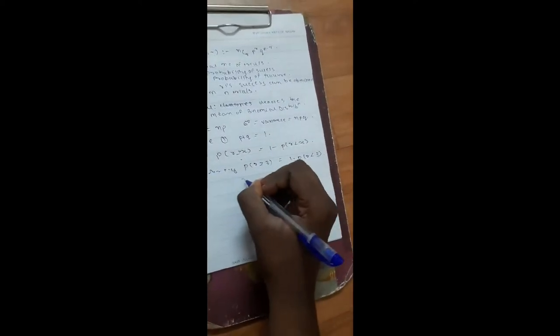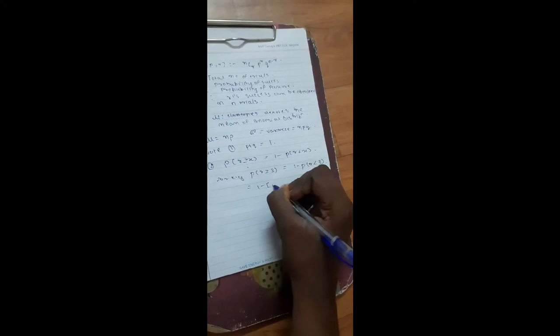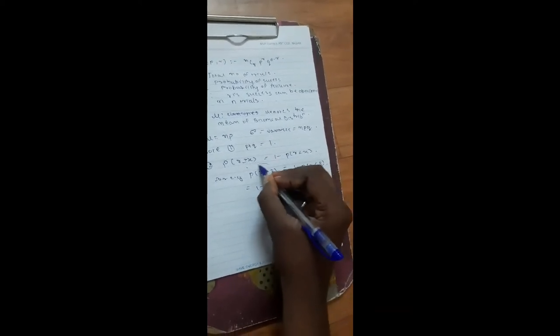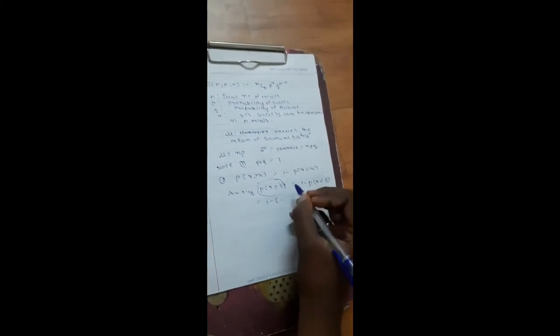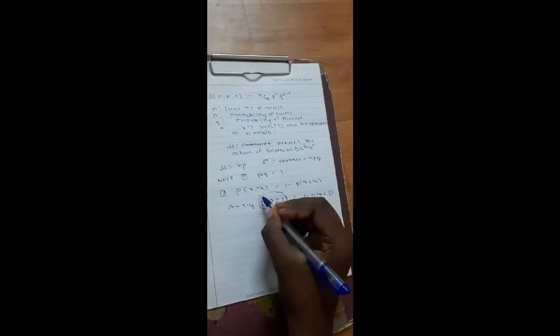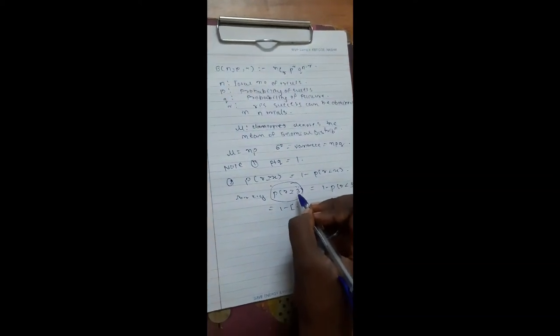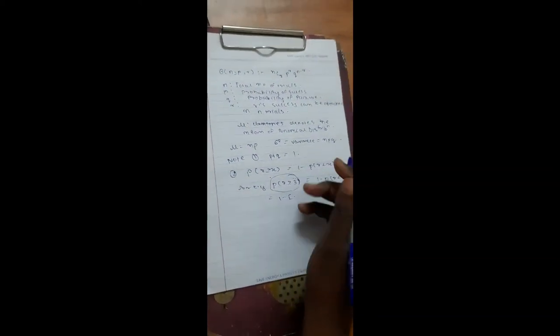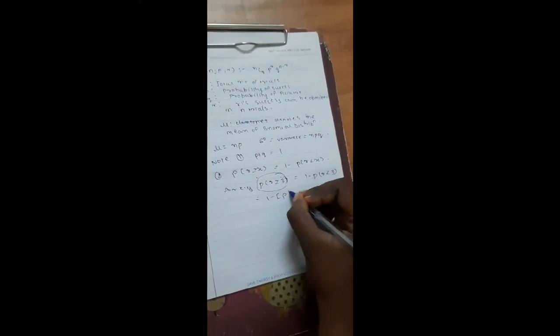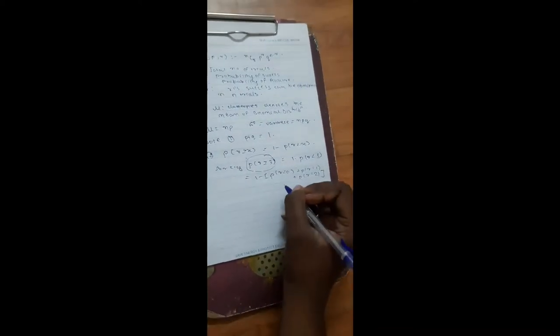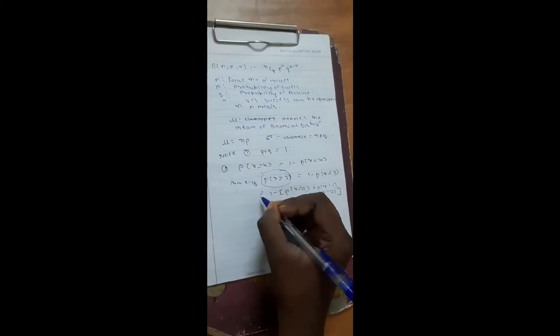If we put this formula, we have to write all the three probabilities, because we have r greater than or equal to 3. So we will write P of r equal to 0 plus P of r equal to 1 plus P of r equal to 2. This is what note 2 says.